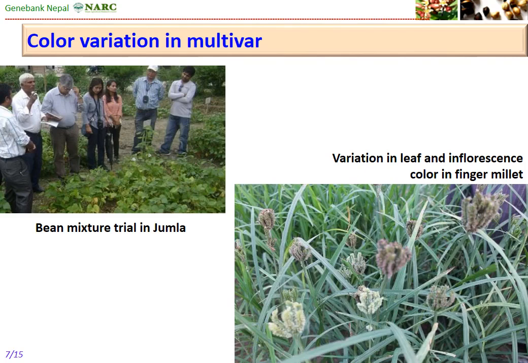This left image shows the mixture trial in Jumla, and on the right we can see the variations in inflorescence color of finger millet and the variations in leaf color.